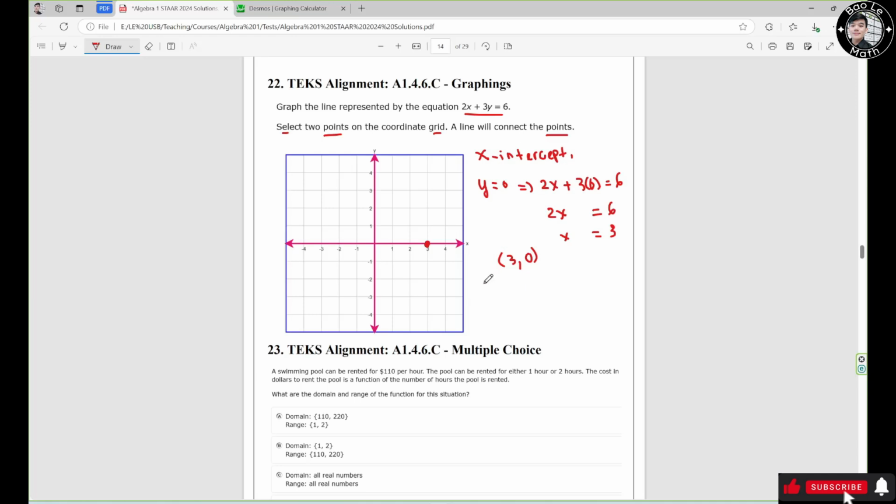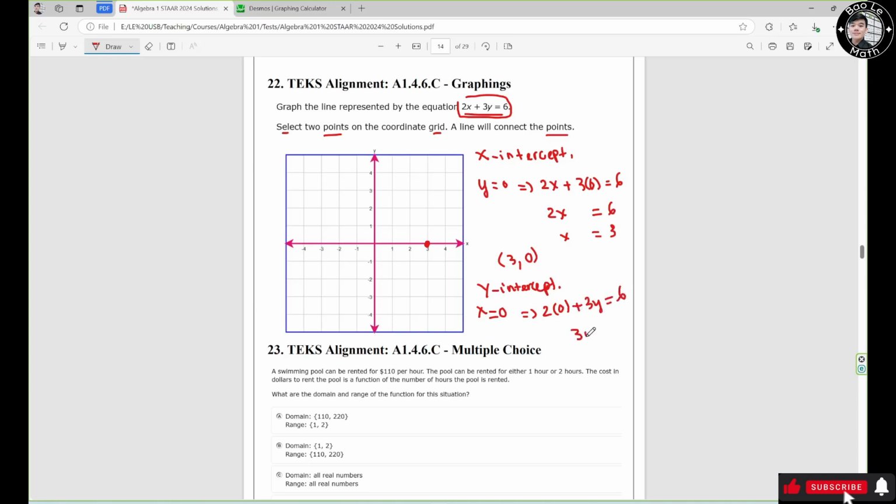Now we need to find the y-intercept. We let s equal 0. We substitute into this equation right here. So we have 2 times 0 plus 3y equals 6.